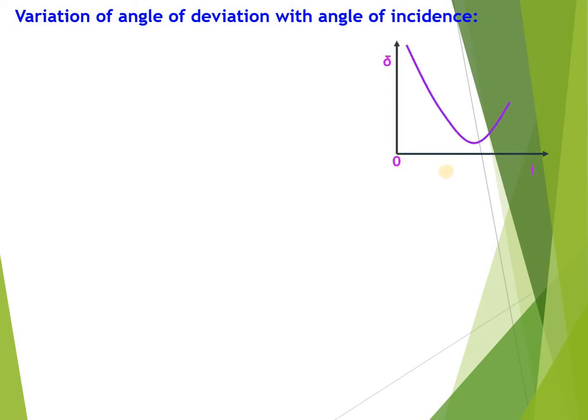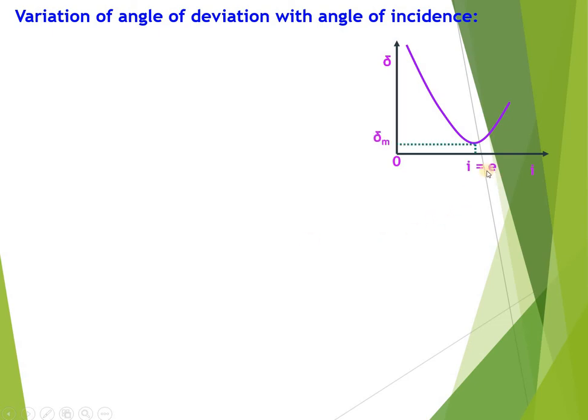If we take angle of incidence along the x-axis and angle of deviation along the y-axis, then we find that initially on increasing the angle of incidence, the angle of deviation decreases, and then on reaching a particular value, it starts increasing. Further, if you increase the angle of incidence, then the angle of deviation also increases. So we get a minimum value of angle of deviation, that is called the angle of minimum deviation.